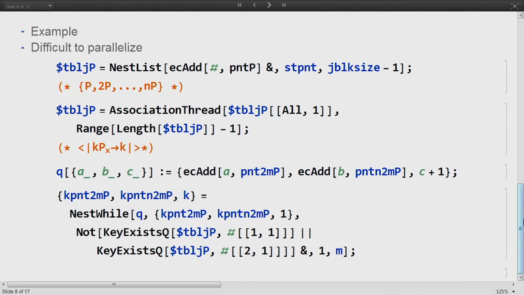We save only the x coordinates and make an association that maps the x coordinate to the actual multiplier, then we can do the other search for the Q plus kmP this way. Essentially what it's doing is constant lookups in that association.